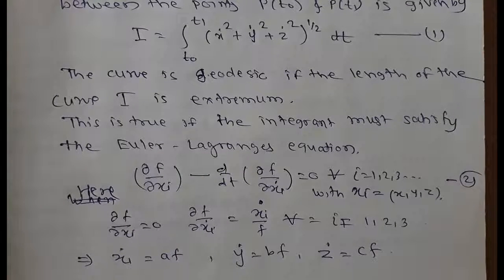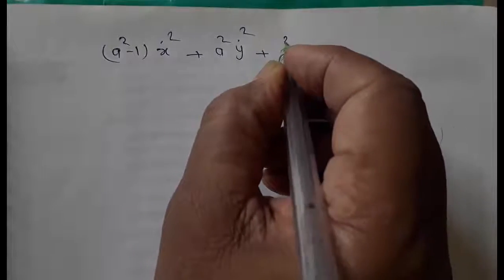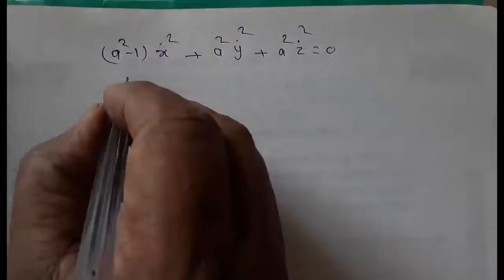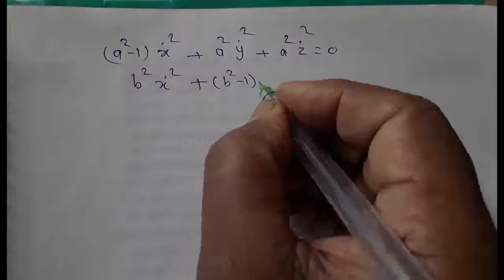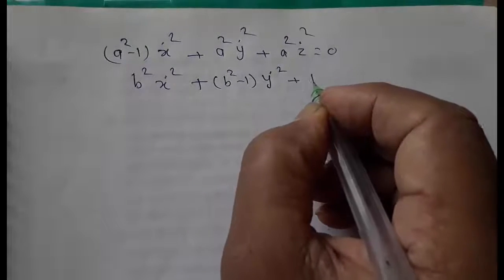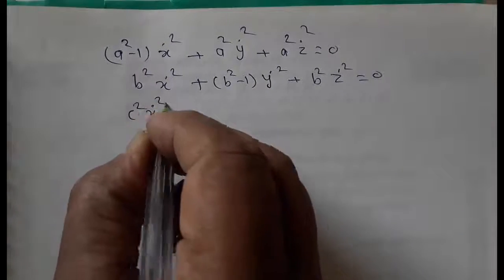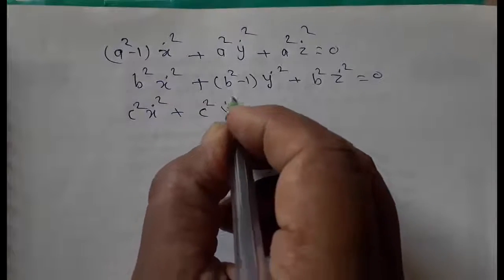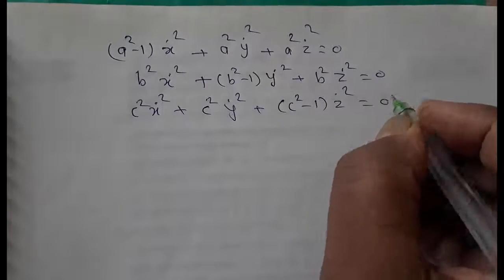Simplifying these equations, we can obtain a square minus 1 into x dot square plus a square y dot square plus a square z dot square equal to 0, b square x dot square plus b square minus 1 y dot square plus b square z dot square equal to 0, c square x dot square plus c square y dot square plus c square minus 1 z dot square equal to 0.